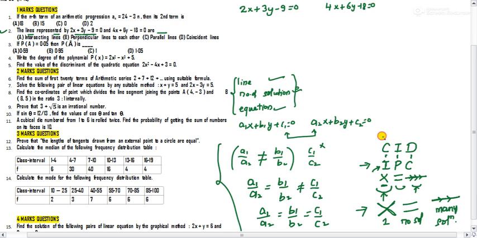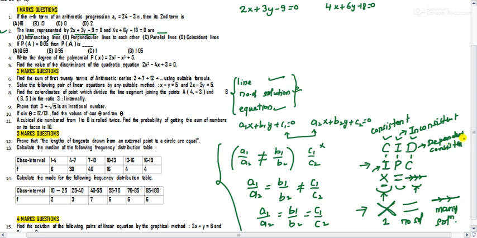Now what about this CID? See, C represents consistent. This is also important. I represents inconsistent. And D represents dependent. Again C, dependent, consistent.